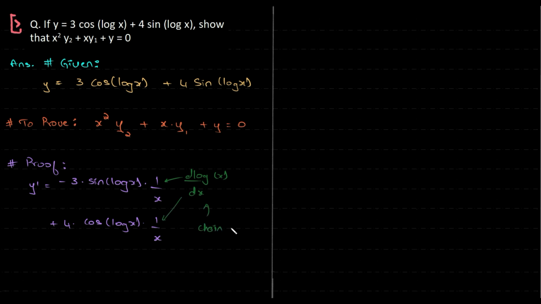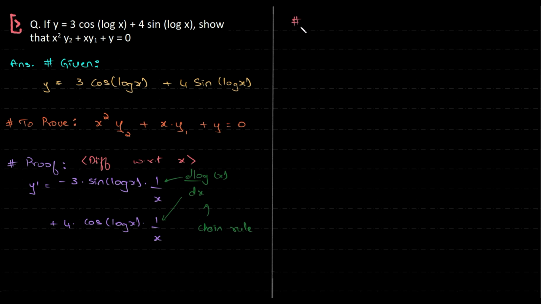This is our chain rule. Okay, nothing much we can do over here. We'll just keep that. Then we will take the differentiation with respect to x.